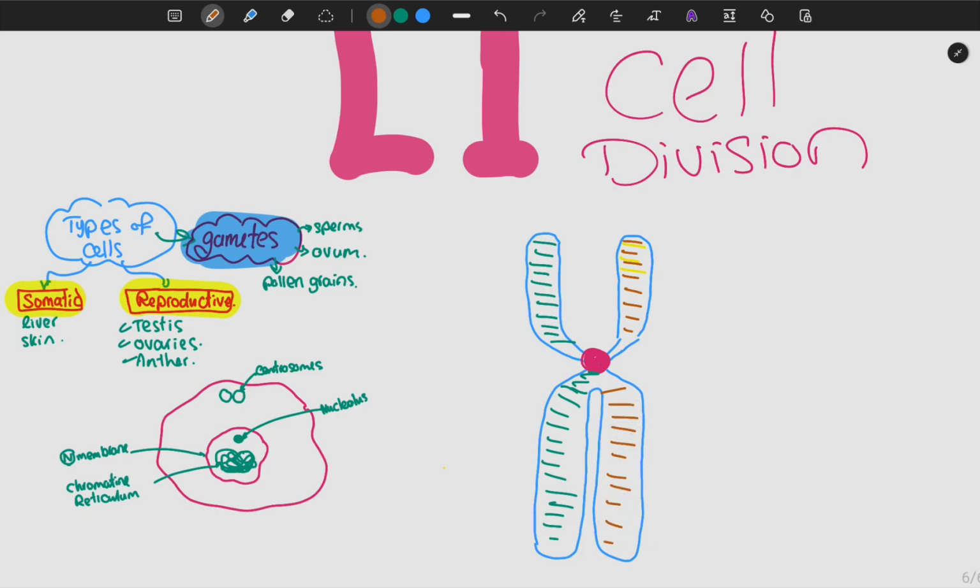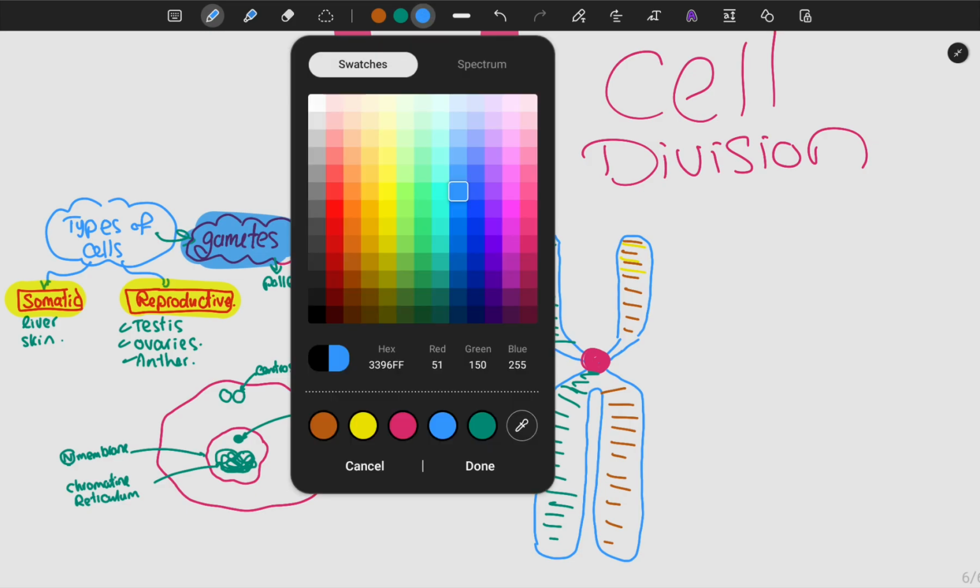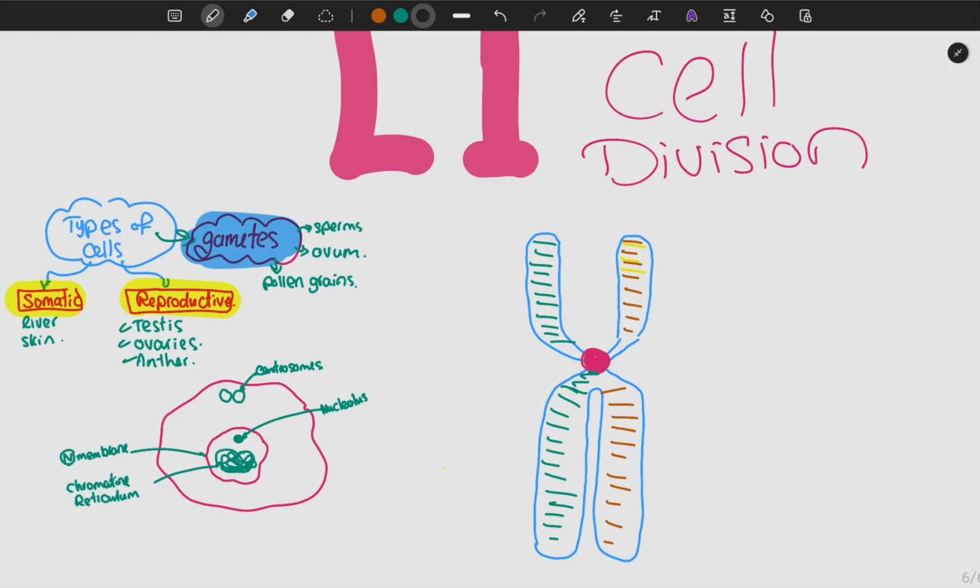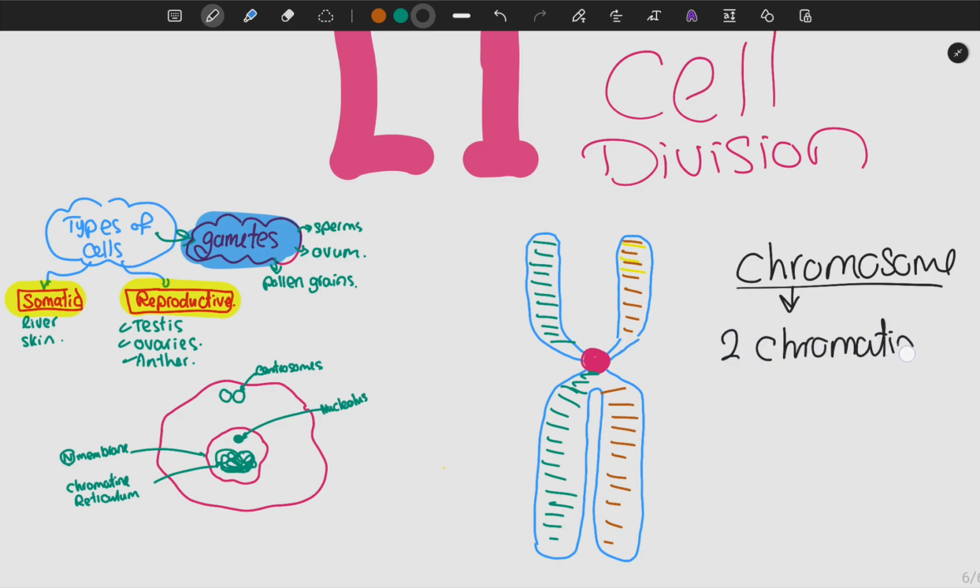So chromosome consists of two sides, left and right. Both of these sides you can say it is chromatid. So all of this is called chromosome. This chromosome consists of two chromatids.